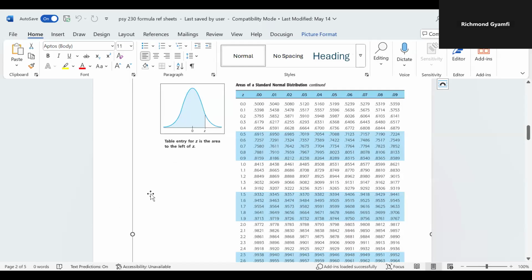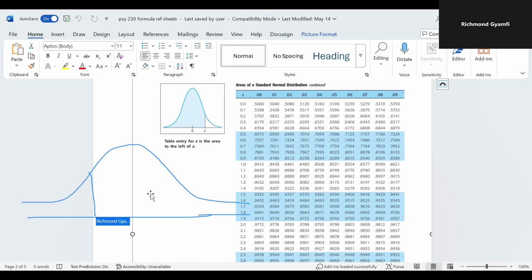You go to your table, then you find the area to the left of negative 1.67. So this would be something like that, and then you have negative 1.67.